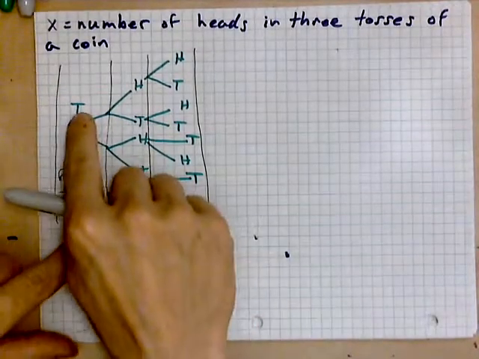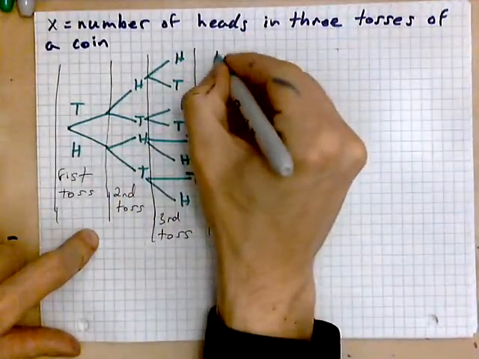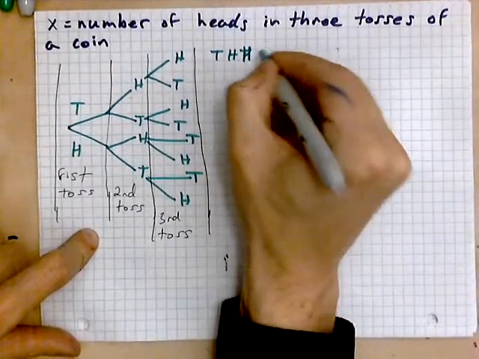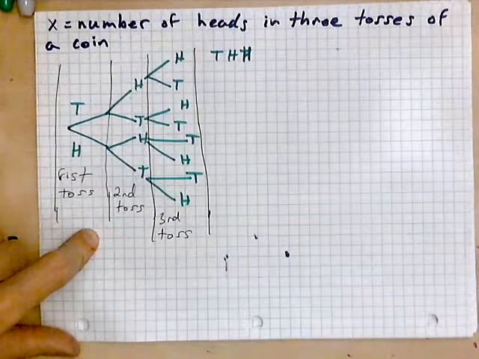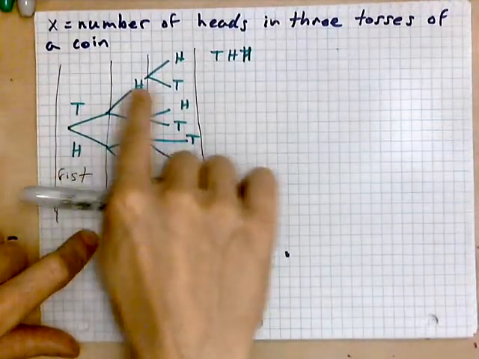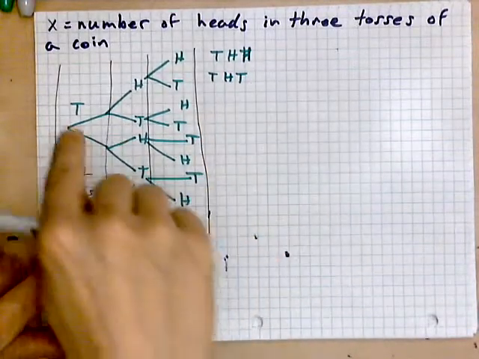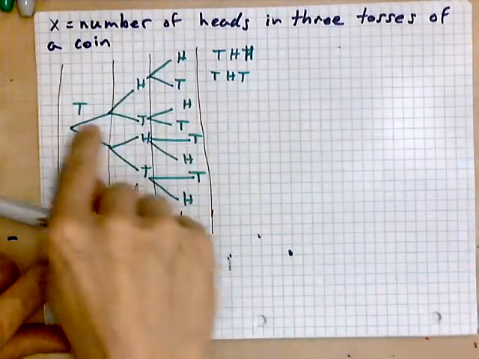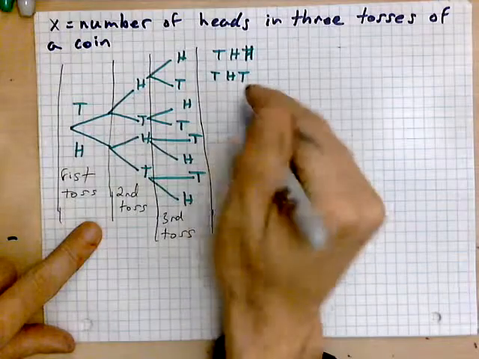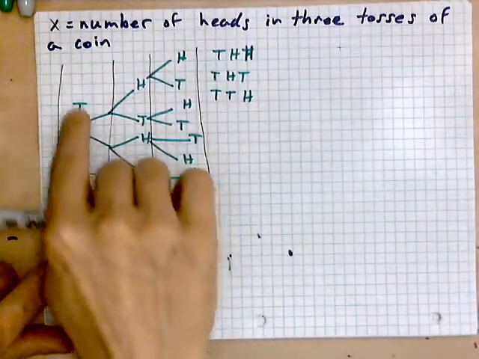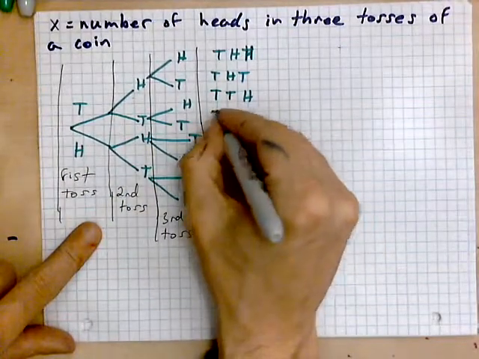So the first one says tail, head, head. T, H, H. Next one says tail, head, tail. So that's tail, head, tail. Then we have tail, tail, head, then tail, tail, tail.